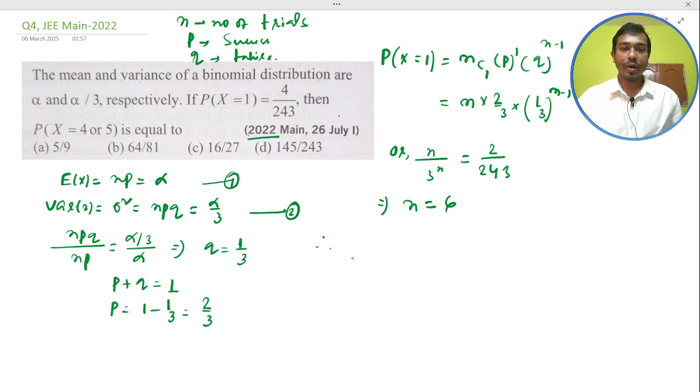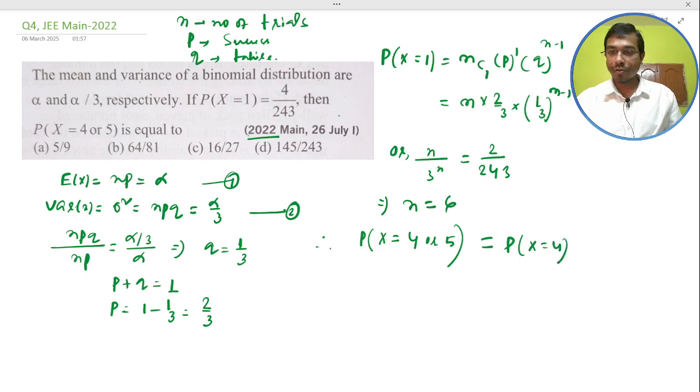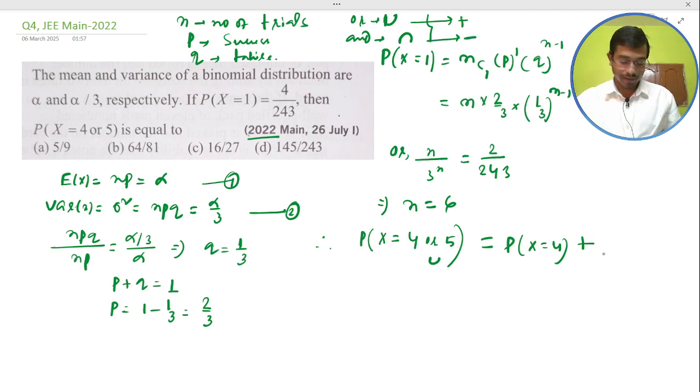Now you have to find x equal to 4 or 5. That means P of x equal to r, here r is 4 or 5. This is equal to P of x equal to 4 or, where or means union, and means intersection. So or means plus. Here this is the plus.